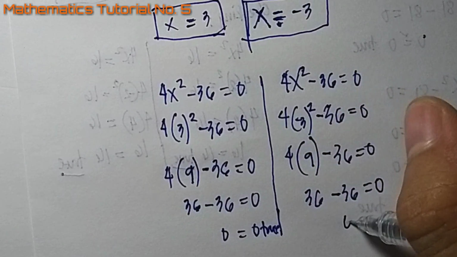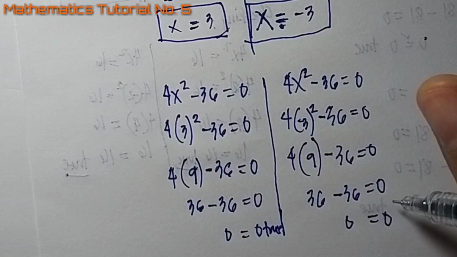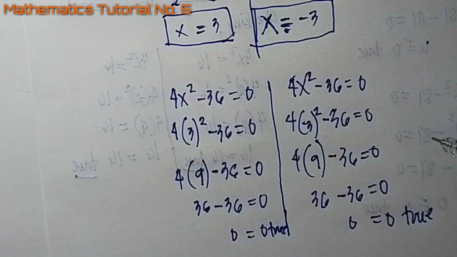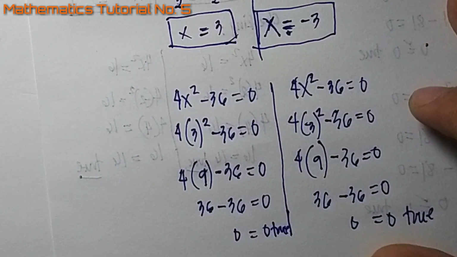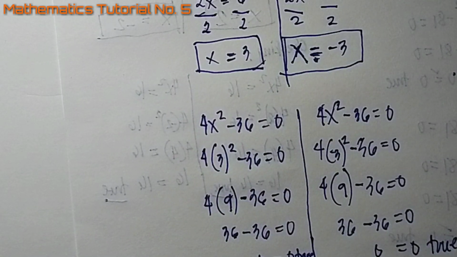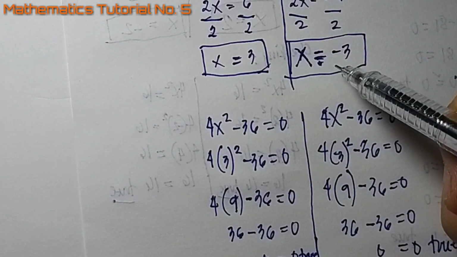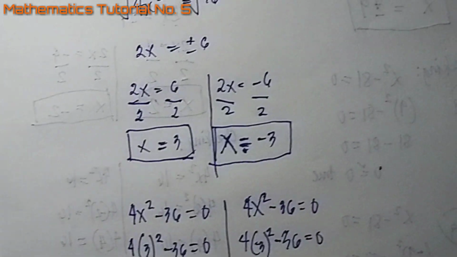So, 36 minus 36, 0. So, 0 equals 0, tinuod. So, correct ang atong solution nga negative 3. Therefore, ang atong roots of 4x squared minus 36 are positive 3 and negative 3.